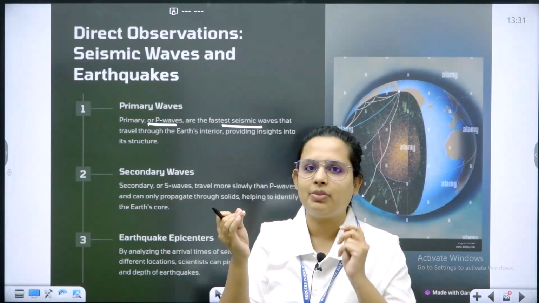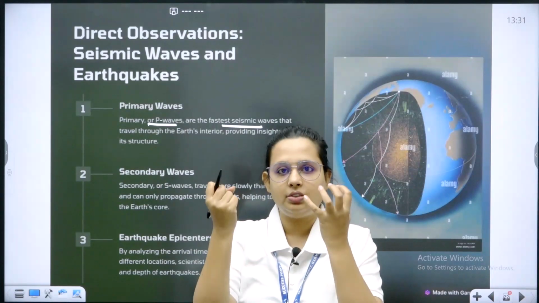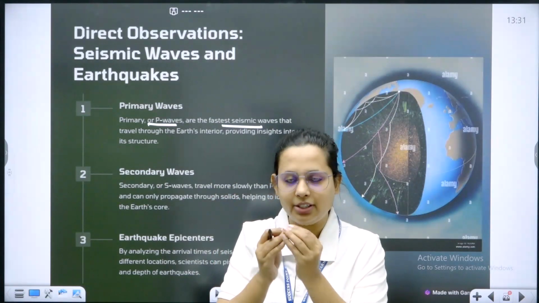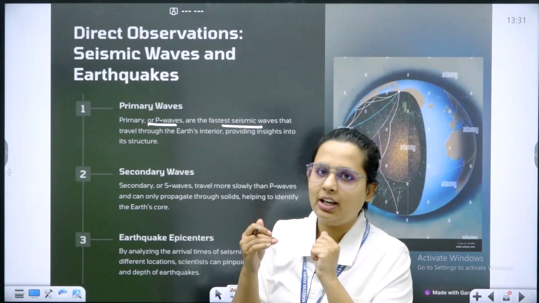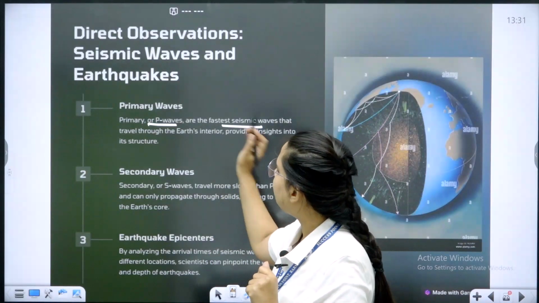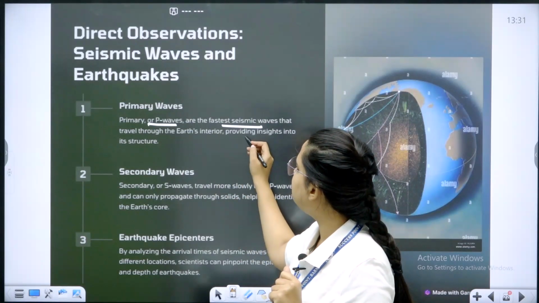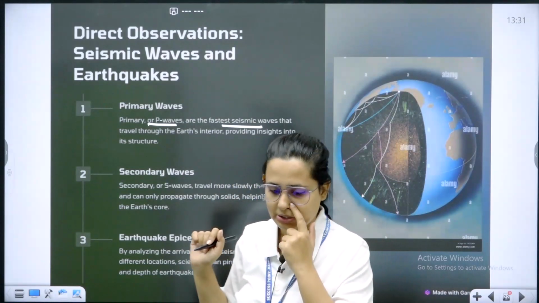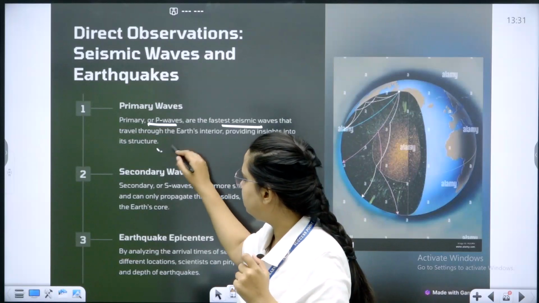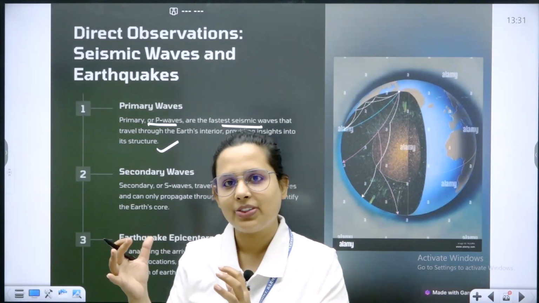Any waves that are generated by the trembling of the Earth are called seismic waves, and they are measured in a seismograph. P waves travel through the Earth's interior, providing insights into its structure.